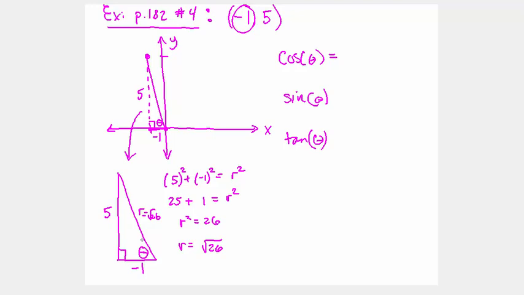Now, one issue with this example that we did not see last time is that this angle theta, the way I have it drawn, remember this triangle ended up in quadrant 2. So really this angle theta is not a standard position angle. Why? Well, because one of its sides extends across the negative x-axis from the origin, not the positive.